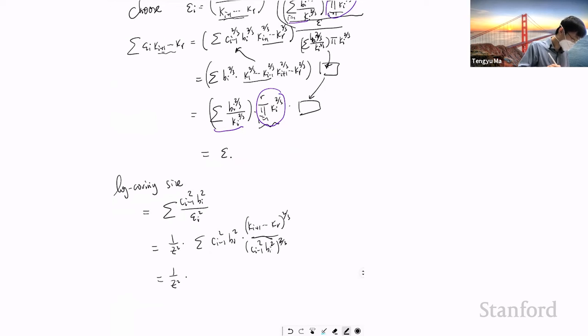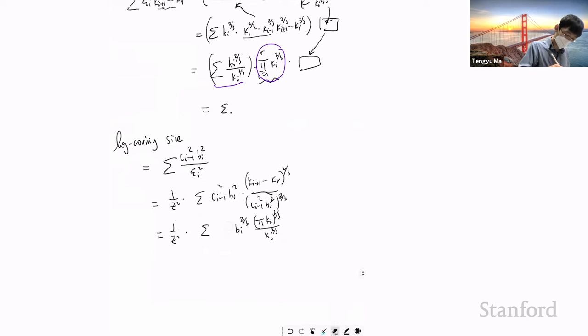So this will be equal to, I think, the sum of... wait, sorry, I think I jumped a step in my notes, so sorry.